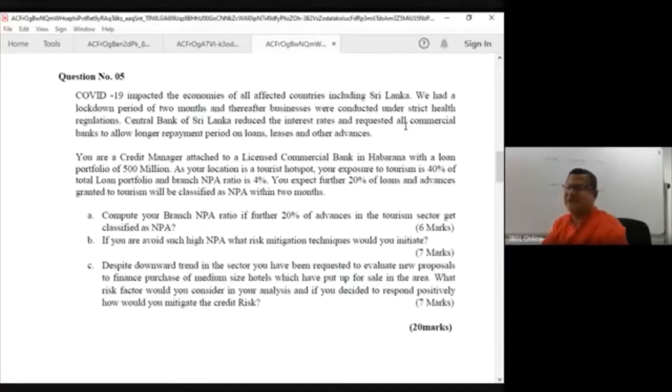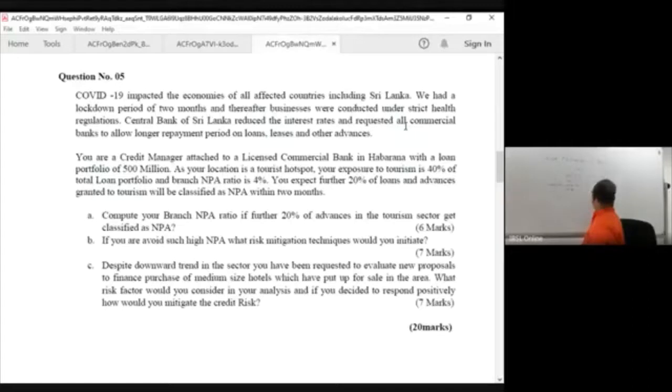Then it says you expect a further 20% of loans and advances granted to tourism will be classified as NPA within 2 months. So you expect another 20% to go down. Another 20% is how much? Another 100 million will go down in the next 2 months. So what will happen?